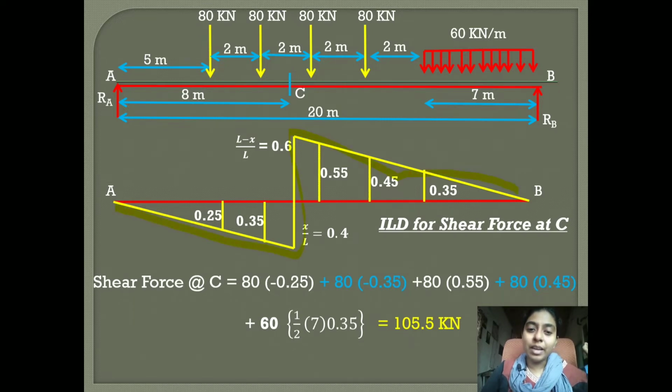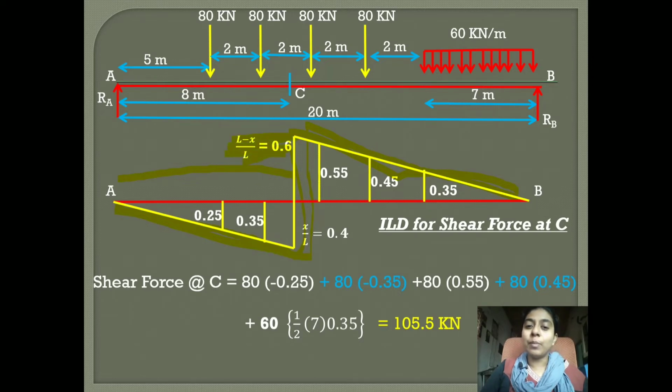This is a distance of 8 meters. Up to 8 meters there will be a slanting line from A, then there will be a rise at 8 meters, then again a slanting line up to B. The section is at 8 meters.